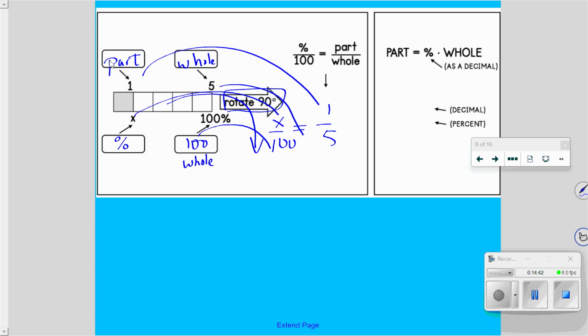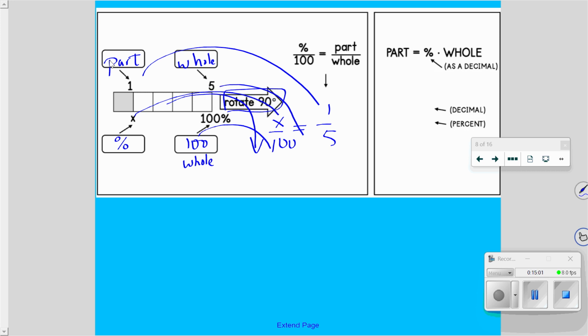So our tape diagram actually is your entire percent proportion written out. That's why I did them one at a time, so if you were watching, you would follow along.